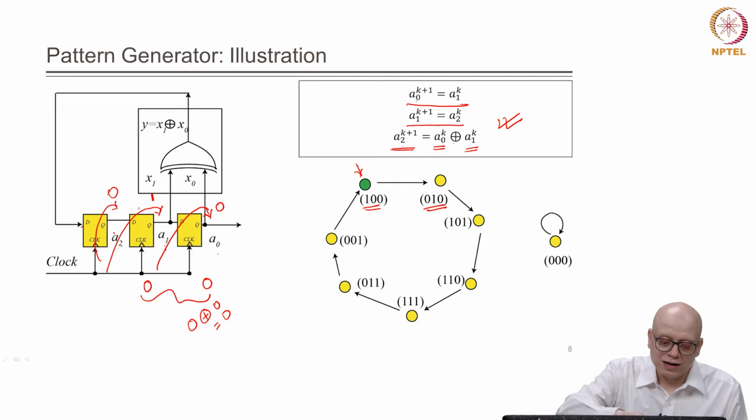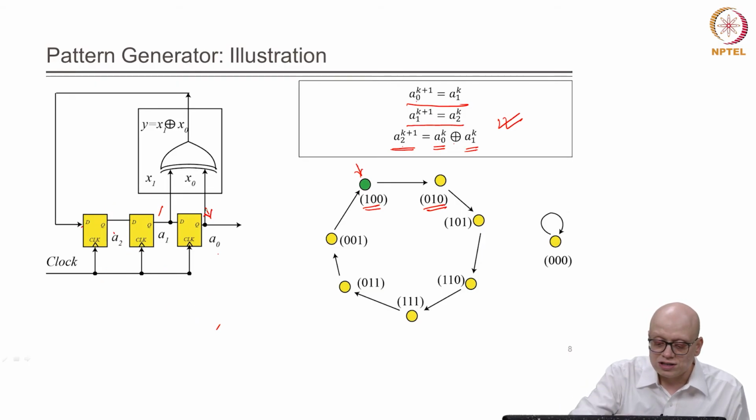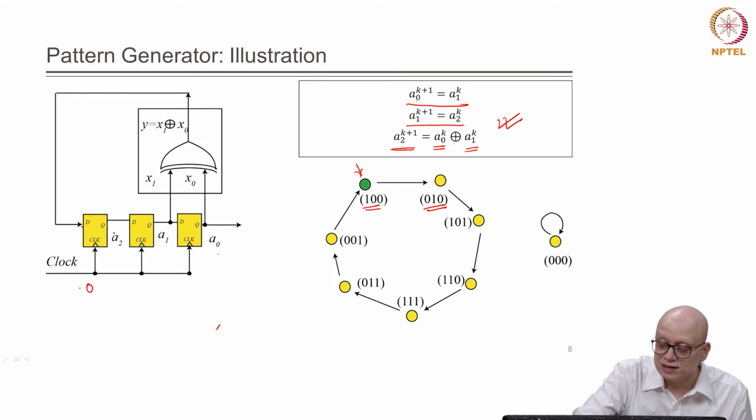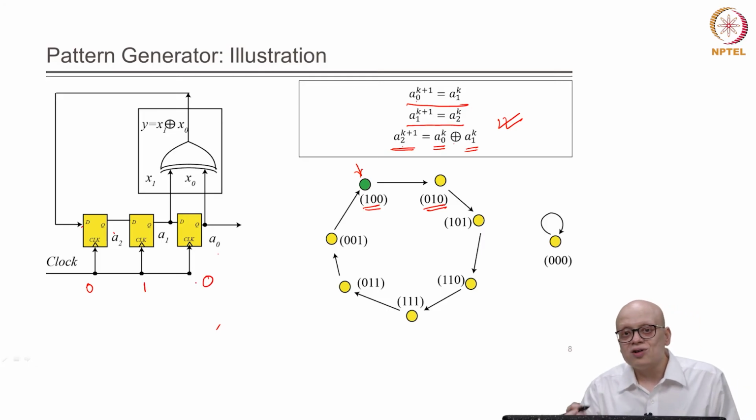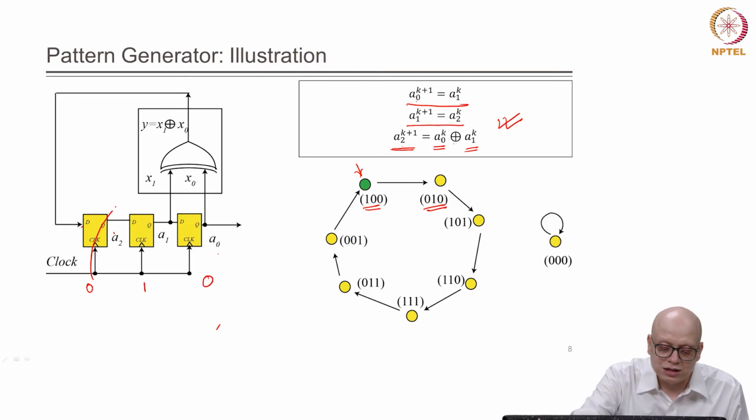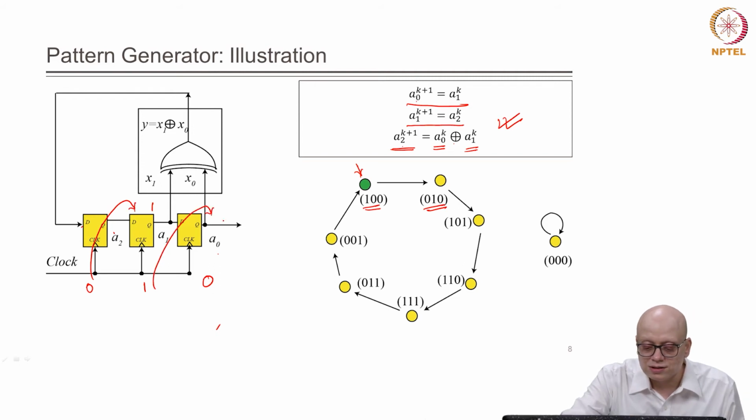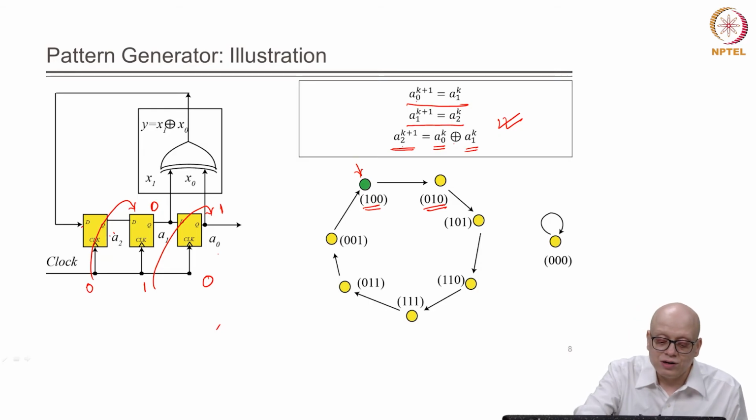Now, if we assume that the state is 0 1 0, similarly we can compute the next one. In the next clock cycle, the 0 will go to this position, and the 1 will go to this, and what will be the value of A2?